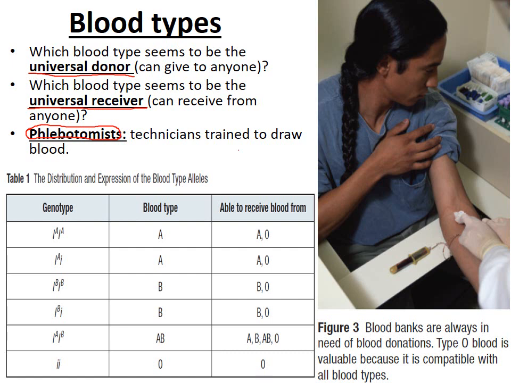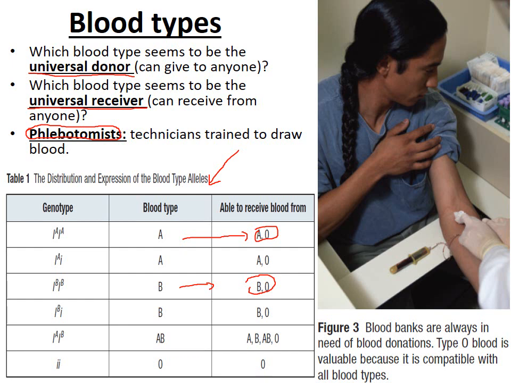So you can take a look at this table here and probably figure out who the universal receiver is and who the universal donor is. If you look at blood type A, you can see that they can receive from A or O. And if you look at blood type B, that person can receive from B or O. So you know that A and B are most likely not the universal receivers.